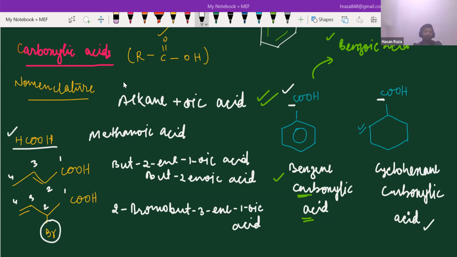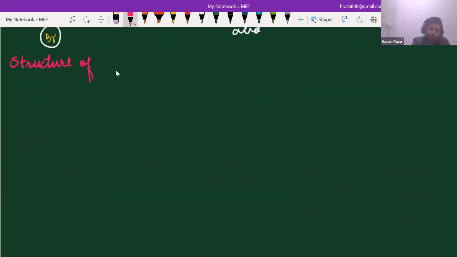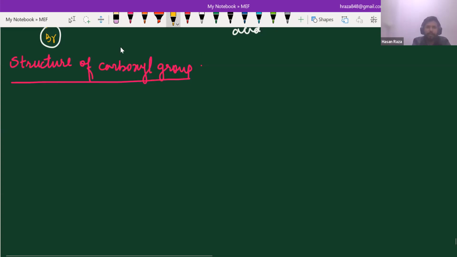Now, I'm going to show the structure of this carboxyl group. The structure of carboxyl group is very easy.